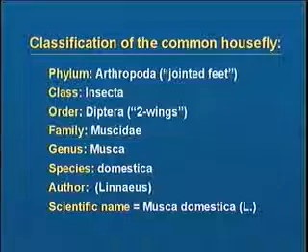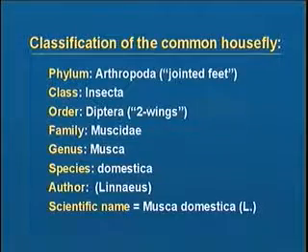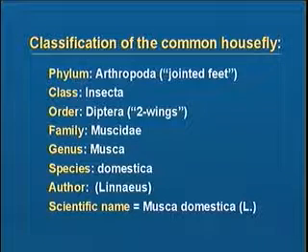So I'm going to take you down to order, and within orders, I'm not going to go through the families. Usually in orders, there can be many families. Then we go down to genus. That would be like your first name, like Lynn. Species. And the author.